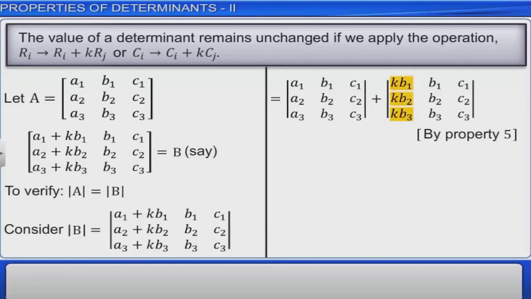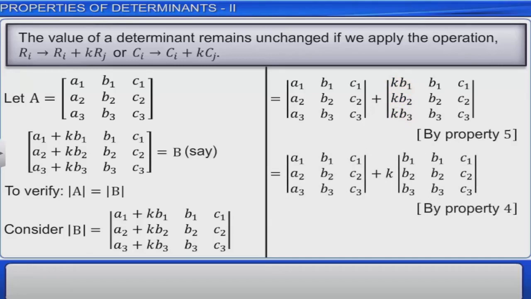By property 4, we can take k outside the determinant, which will not change its value. Now, we have determinant A plus k times a determinant whose first and second columns are identical.